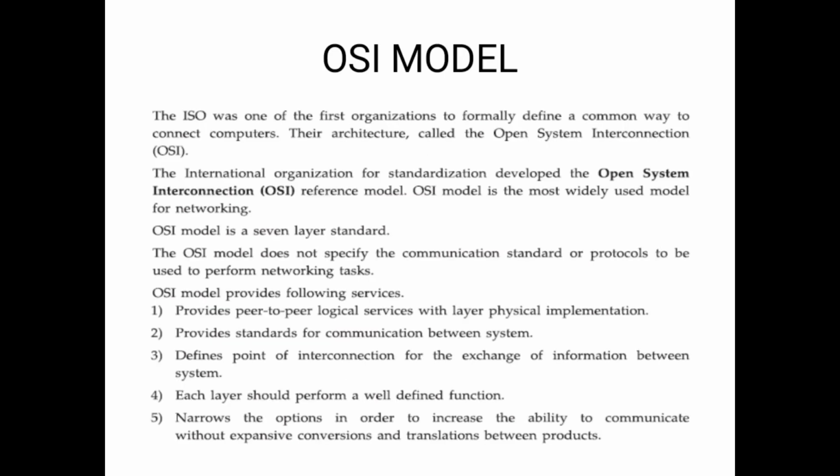OSI model, this model has the following services provided. It provides a peer-to-peer logical service with physical implementation. It provides the standards for communication between systems, and defines a point of interconnection for the exchange of information between the systems. Each layer should perform a well-defined function, and narrows the options in order to increase the ability to communicate along the layers.